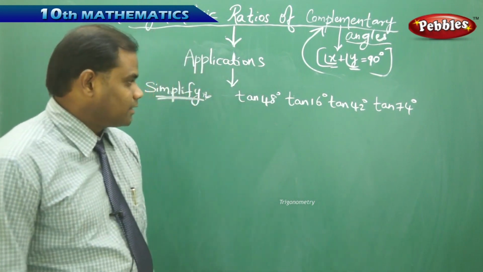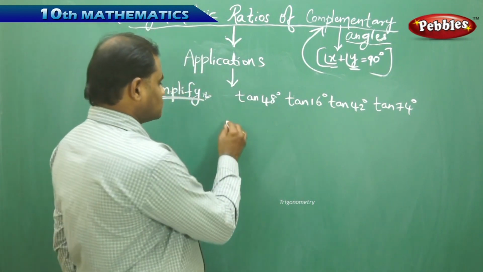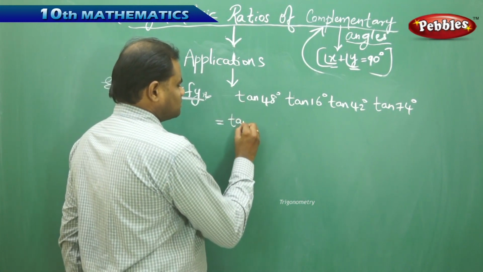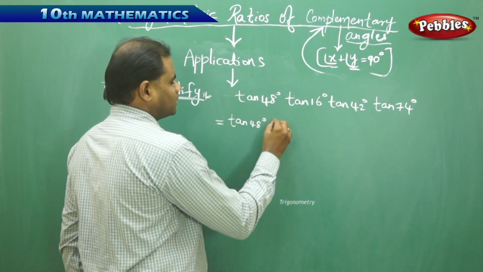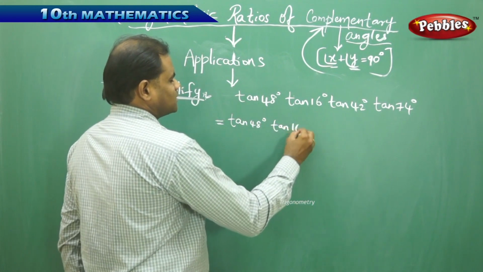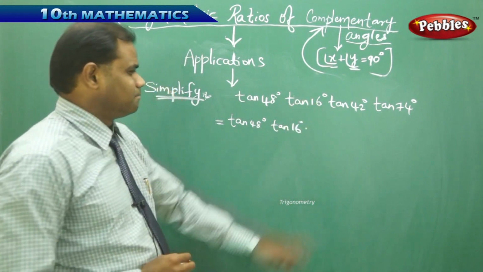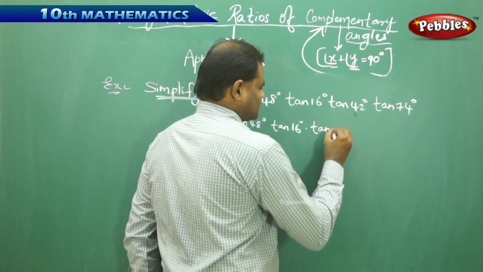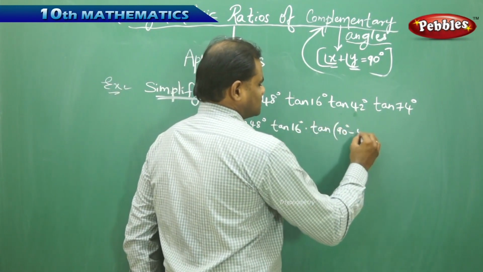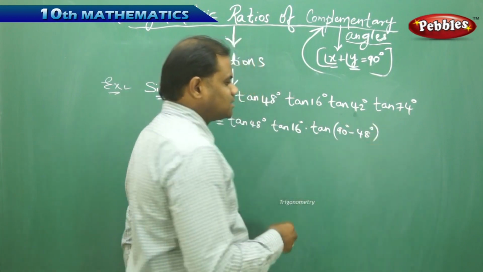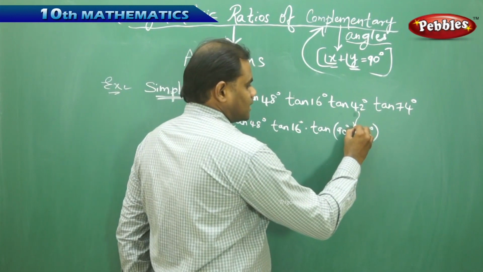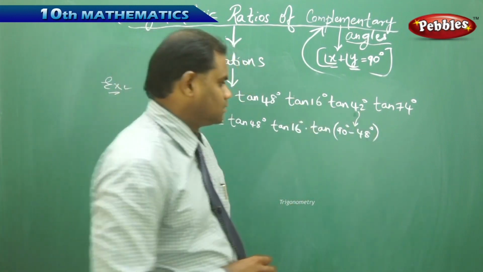In order to simplify this value, let's rearrange it in a form where I don't disturb the first two products, tan 48 times tan 16, but here tan 42 I write as tan 90 minus 48, because 90 minus 48 is 42. So this 42 is written as 90 minus 48.